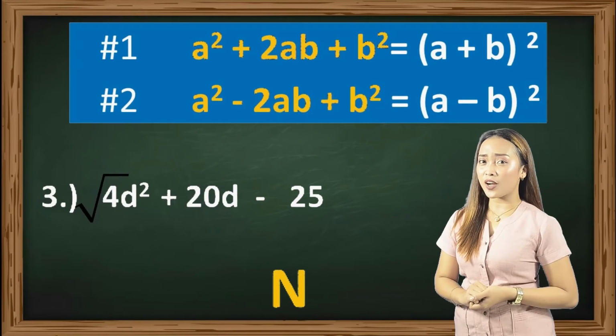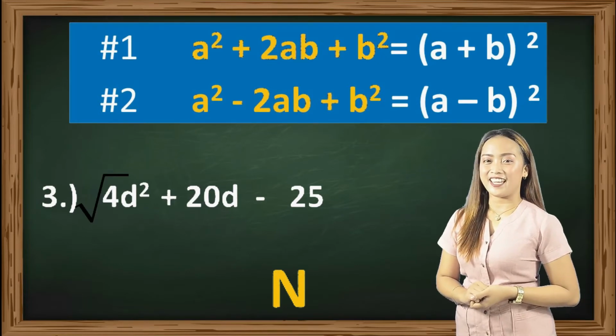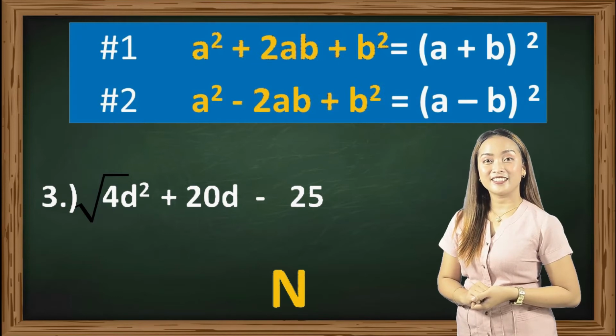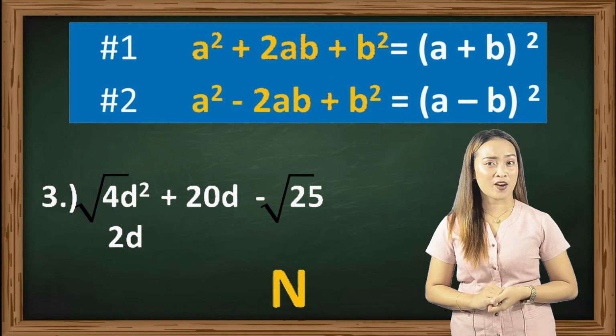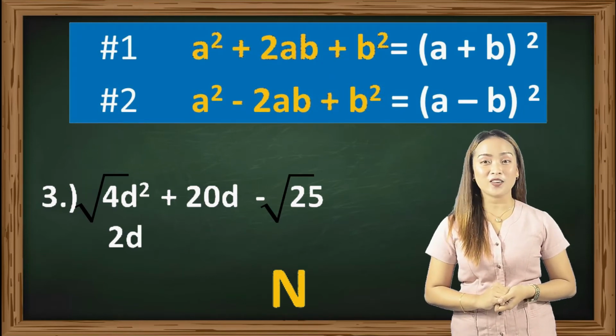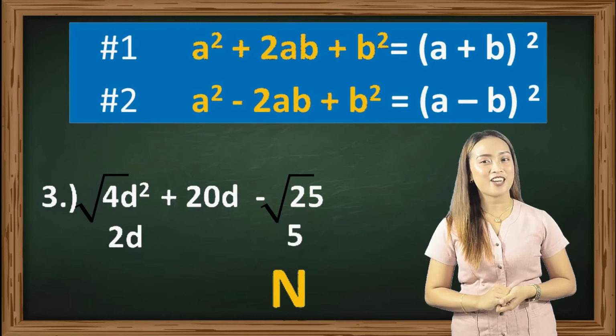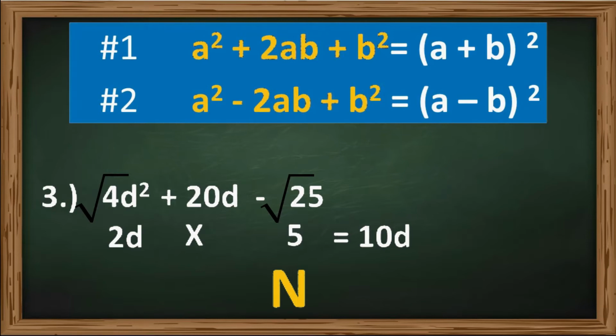Is 4D squared a perfect square? Yes, its square root is 2D. Is 25 a perfect square? Yes, its square root is 5. Multiply both, we got 10D.